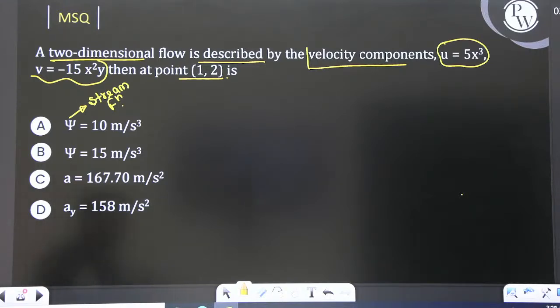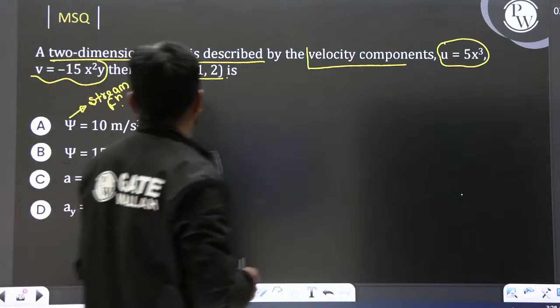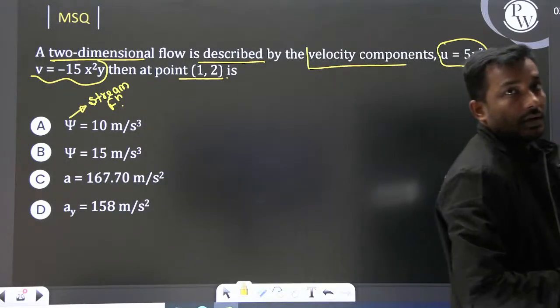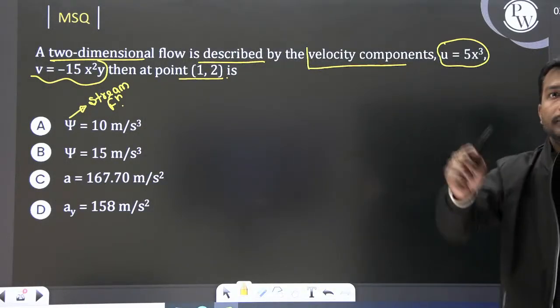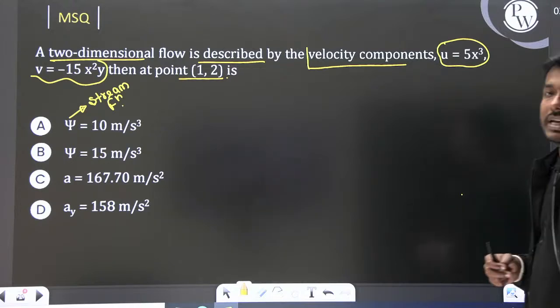A. Okay, good, Tejas. And Tejas is saying that A is correct.